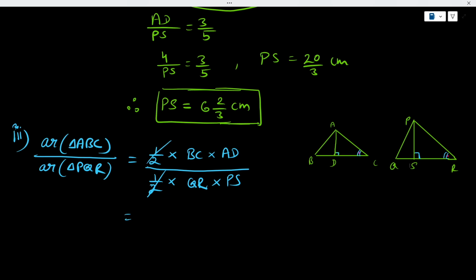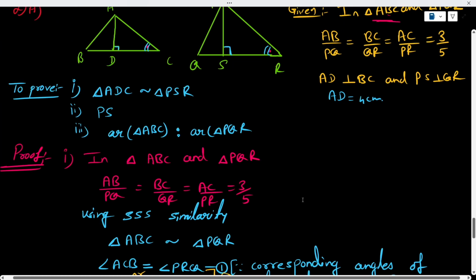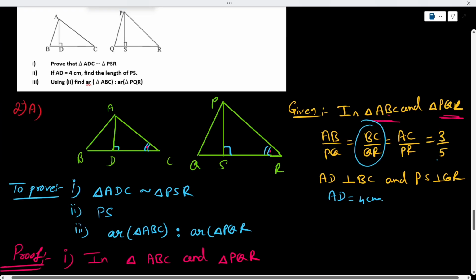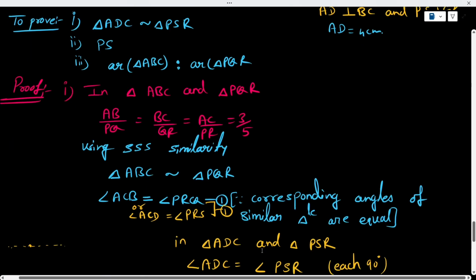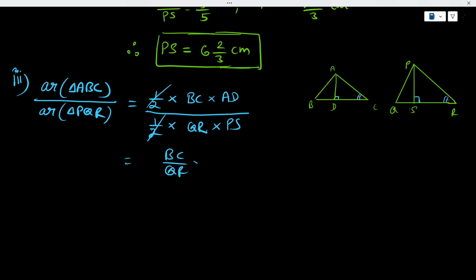Now I do not have the values of BC and QR individually, but the ratio BC by QR is known as 3 by 5. So instead of substituting separate values, I can take it as the ratio BC by QR into AD by PS.